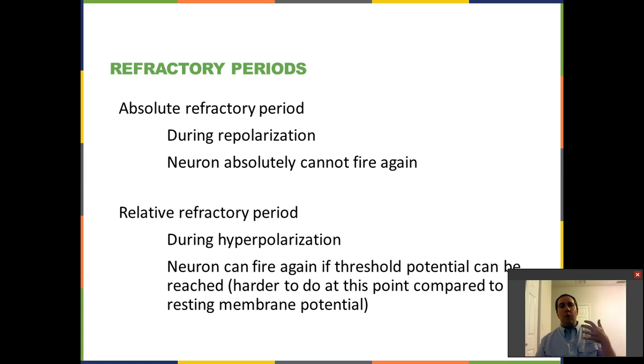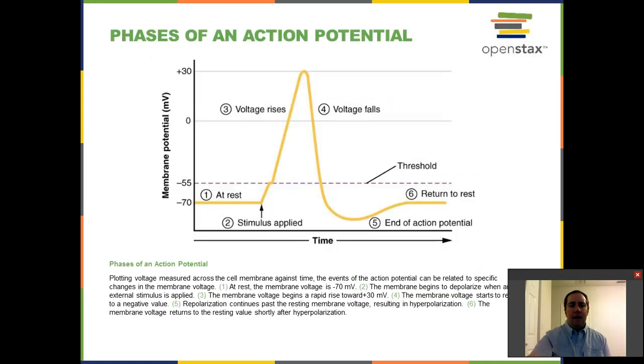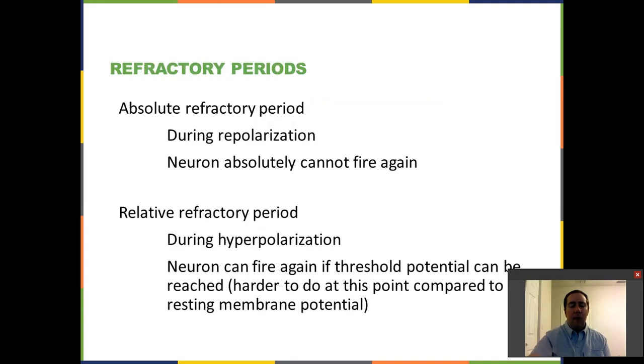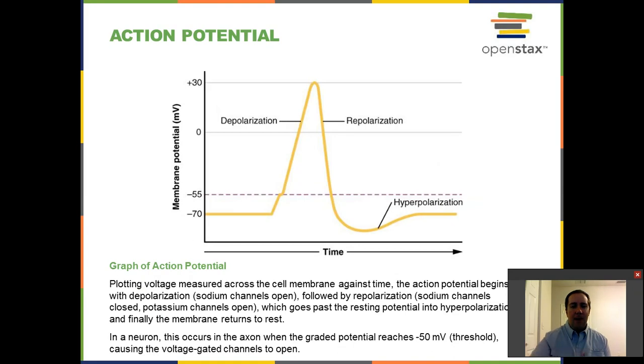You can't refire while you're reloading. So that is the refractory period. And we have two types of refractory period. We have the absolute refractory period and the relative refractory period. I'm going to come back to this diagram.